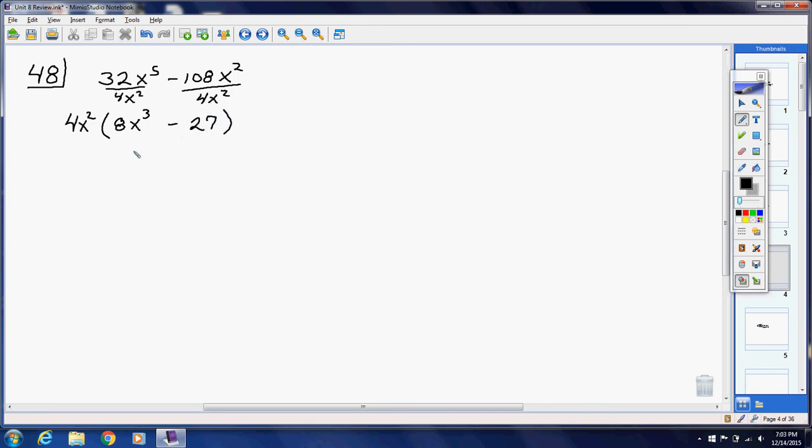There we go. And so we're going to apply our difference of cubes here. A cubed minus b cubed equals a minus b times a squared plus ab plus b squared.